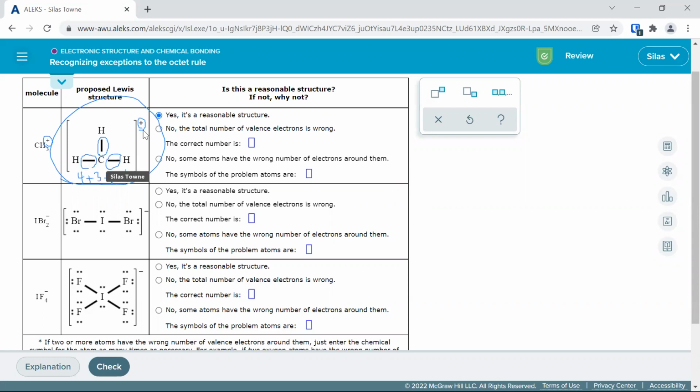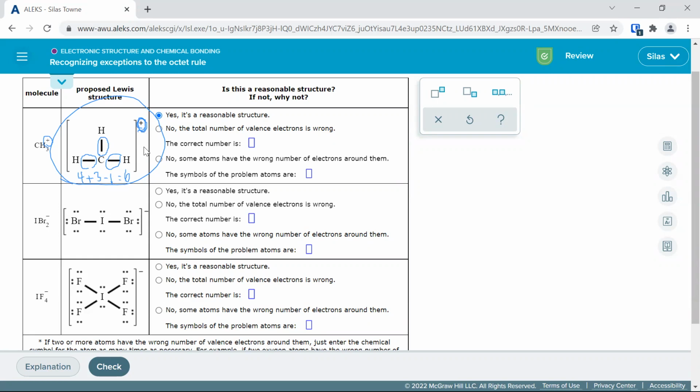Now, the hydrogens are all happy. They have their duets. Carbon only has 6, which isn't good, but because it has that positive charge, that seems to be a reasonable Lewis structure due to that lack of electrons.